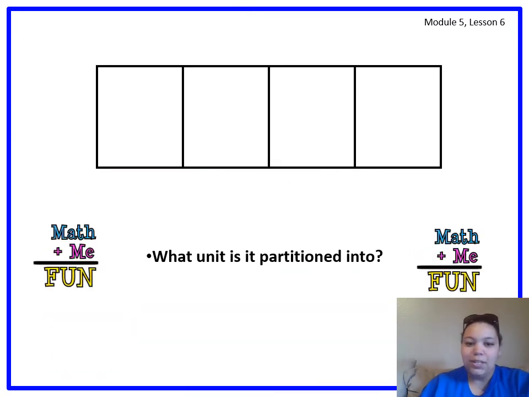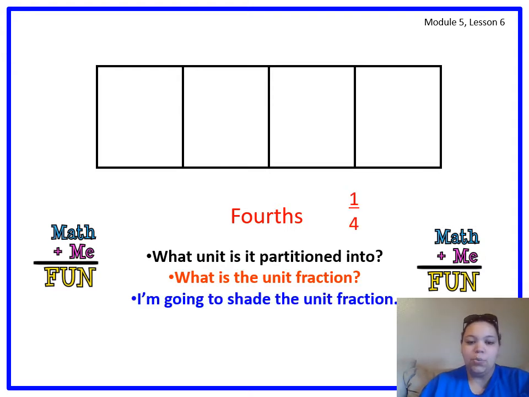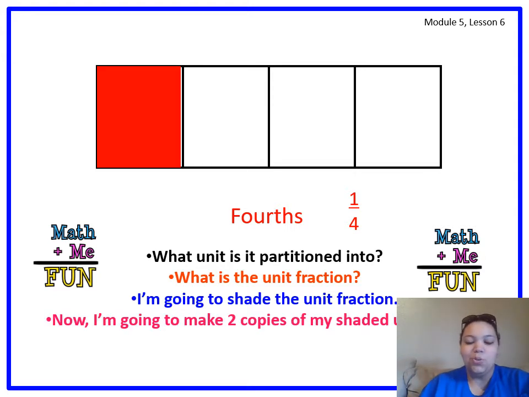Okay, last one. What unit is this one partitioned into? Good, it's partitioned into fourths. Now, what is the unit fraction called for just one of those pieces? Good, it'll be called 1/4. Okay, so I'm going to shade one unit fraction. Okay, and now I'm going to make 2 copies of that one.